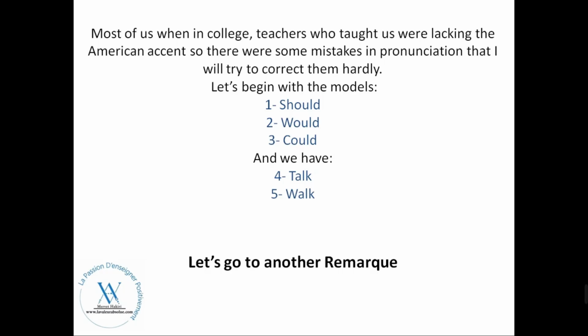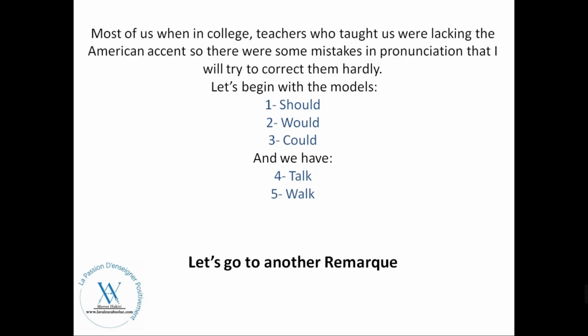Okay, there are three major letters in English which are very tricky to pronounce. We have the letter T, the letter C, and the letter P. These three letters, when they are at the beginning of a word, are pronounced with a hidden H after them. I will give you an example.